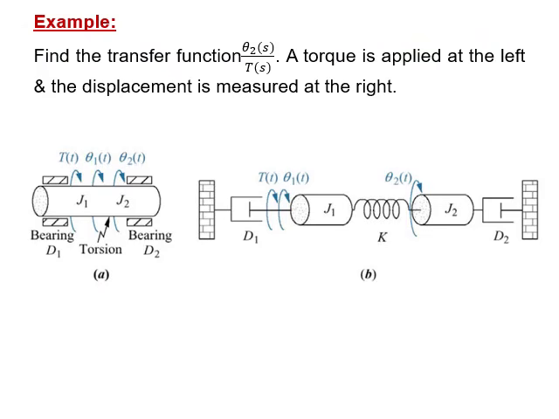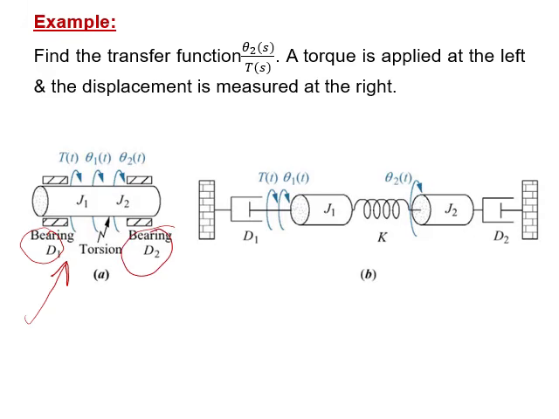Let us consider this example where he wants us to develop the transfer function theta2 over T in this system. Of course, he's putting here the physical system where we have bearing number 1 and bearing number 2 with inertia.